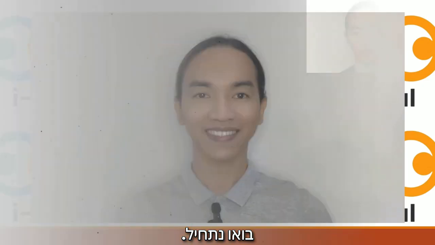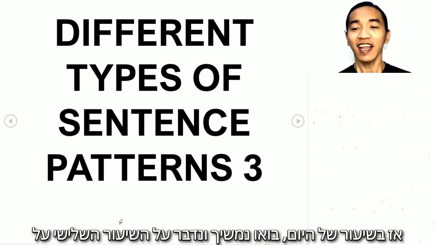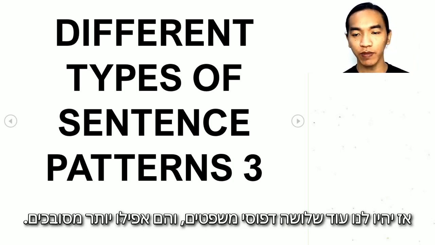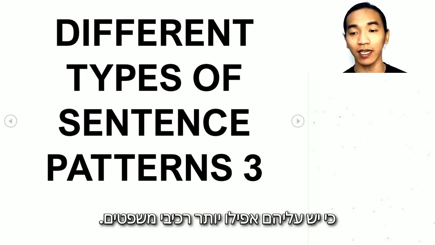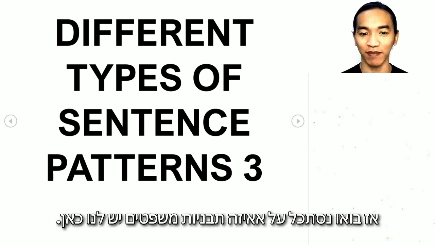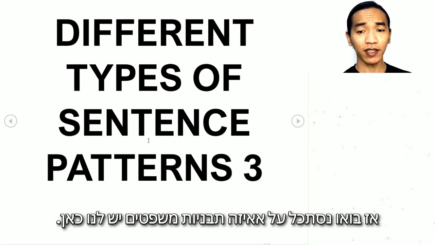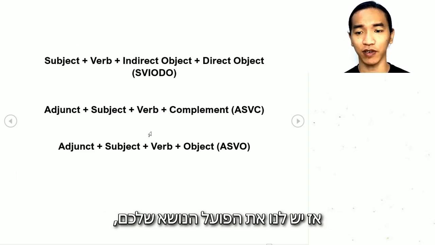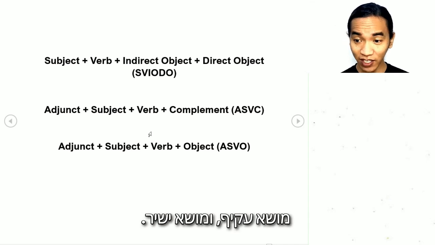Let's go. So for today's lesson, let's go ahead and talk about the third lesson about the different types of sentence patterns. So we will be having three more sentence patterns that we have here. And they're even more complicated because they have even more sentence components on them. All right? So let's take a look at what are these sentence patterns. So we have your subject, verb, indirect object, and direct object.